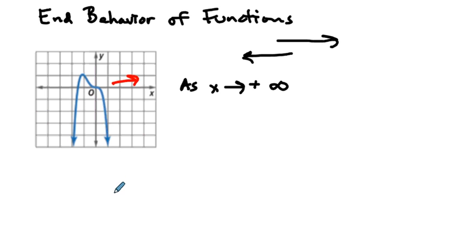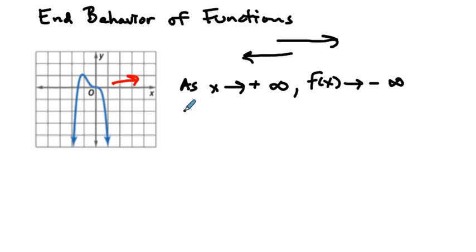What it's doing is going down, and it's going to continue to go down. So as x approaches positive infinity, if this thing is going down, that means f of x, which is your y, is approaching negative infinity. As it's going to the right, this thing is just going to keep going down to negative infinity.